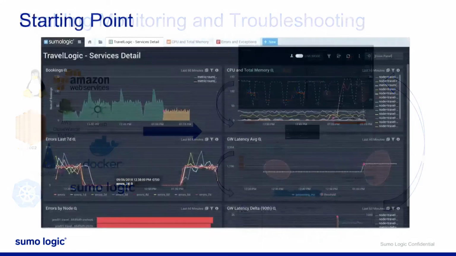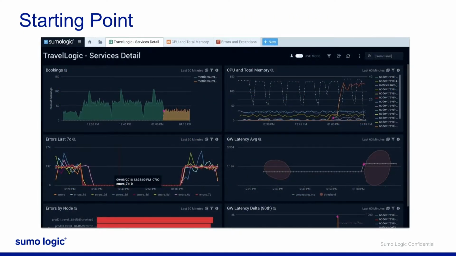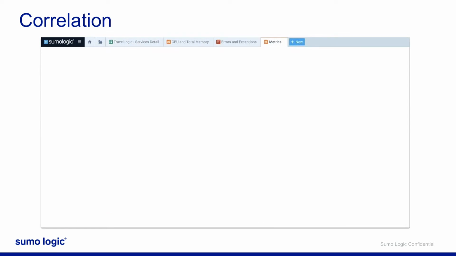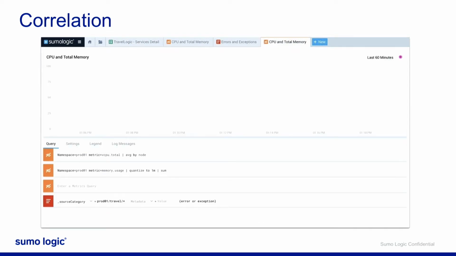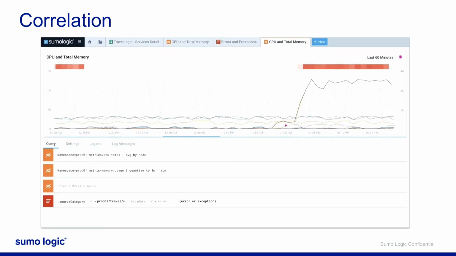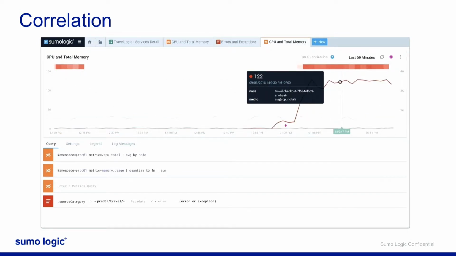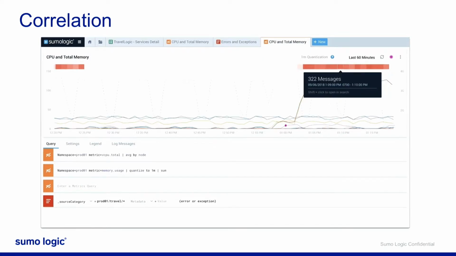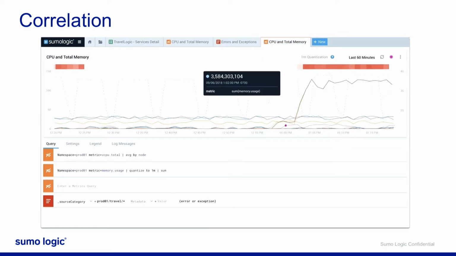So let's go through an example. Let's say we have a service that actually has one node that has a very high CPU load. So we actually want to drill down further and correlate that with logs from that node. And what we see there is that we have suspiciously high correlation of error messages and exceptions on the log side that is very much correlated in time with our spiking CPU.